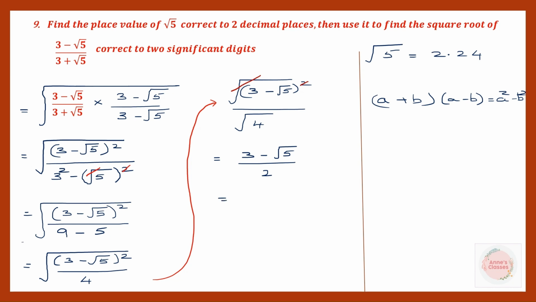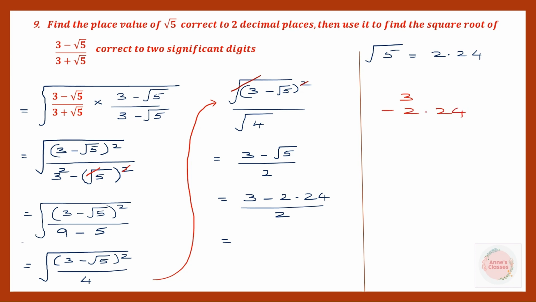So here now we can write the value of root 5, which we found in the first part of the question. So the square root of 5 is 2.24. Now we can write that here, 2.24, and this is divided by 2. So this will be now 3 minus 2.24.